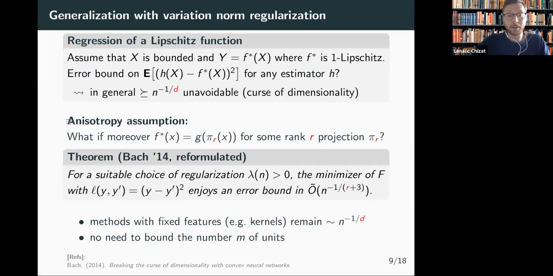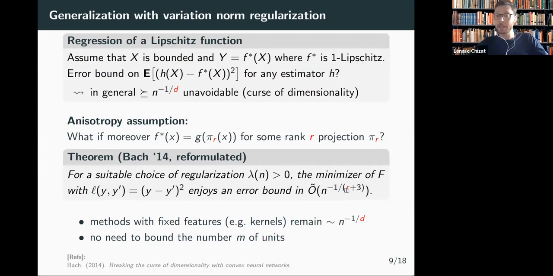What happens if we make an anisotropy assumption? We assume that the function f star only depends on the input via a rank R orthogonal projection, where R can typically be much smaller than d. In that case, Francis Bach has shown that with a suitable choice of regularization, the minimizer of the F1 norm regularized empirical risk minimization problem with the L2 loss enjoys an error bound in n to the minus 1 over R plus 3.